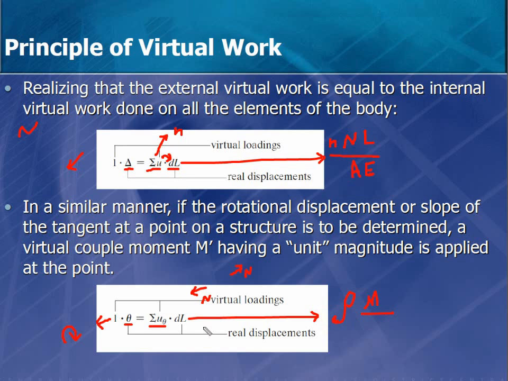It's going to be capital M, because it's due to the real load, capital M dx over EI, and then this is going to be the internal moment, small m, due to the 1 kilonewton, which we have at 1 kilonewton meter the moment.